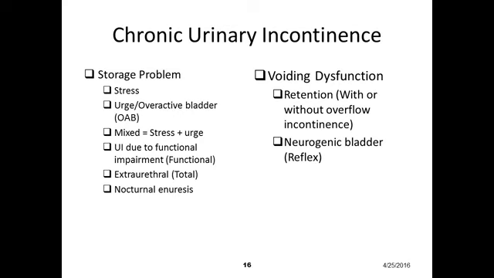Storage problems are further categorized as stress incontinence, urge incontinence, overactive bladder, which is many times referred to by the initials OAB, mixed, which is a combination of stress and urge incontinence, and urinary incontinence due to functional impairment, which we will shorten to functional incontinence, extraurethral or total incontinence, and nocturnal enuresis. Voiding dysfunctions that may or may not result in incontinence are retention and neurogenic bladder, also known as reflex incontinence.